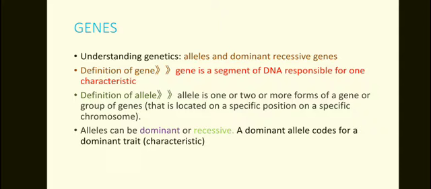You can also add that each allele is located on a specific position on a specific chromosome. On a chromosome, there are different positions. We call it locus, L-O-C-U-S, that's singular.